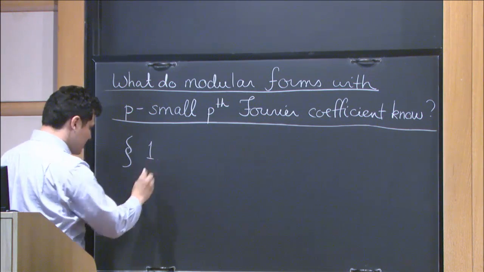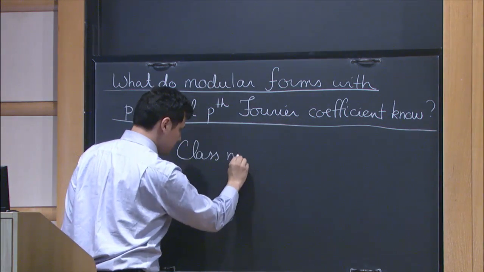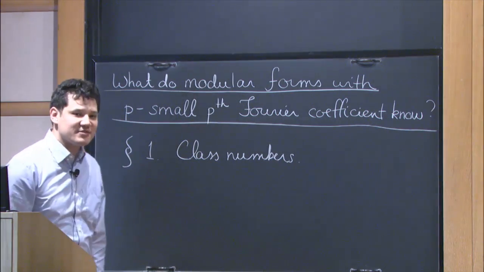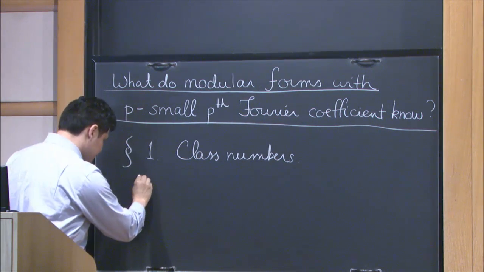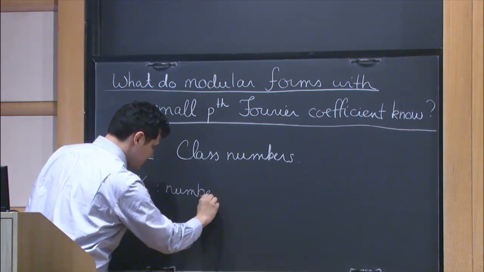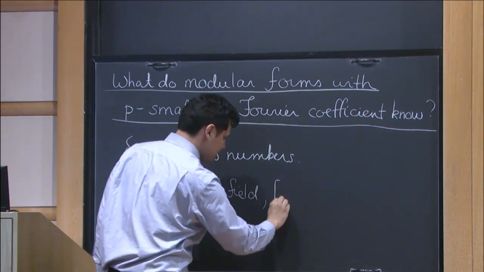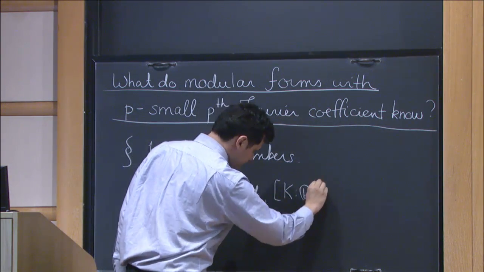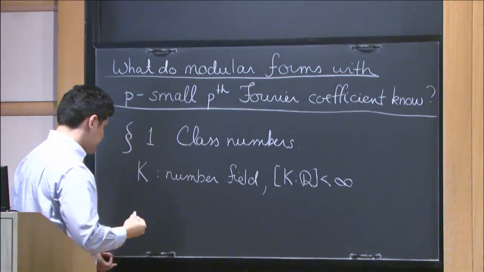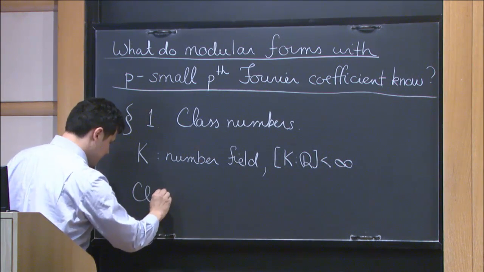So the story begins with class numbers. If you're given a number field, so that's a finite extension of Q, which is a field, then you can do arithmetic in this field. And one of the groups that knows the arithmetic a little bit is the class group.